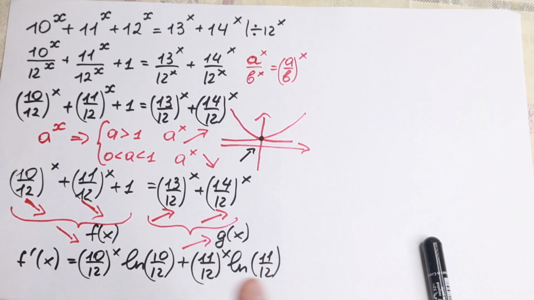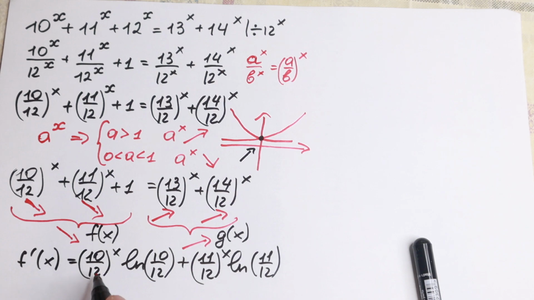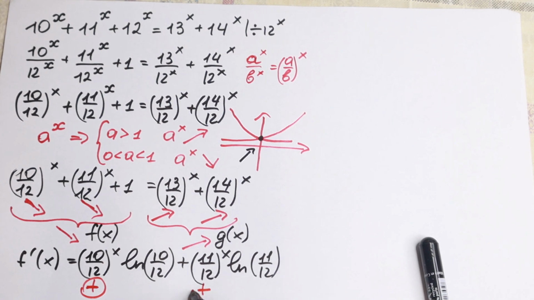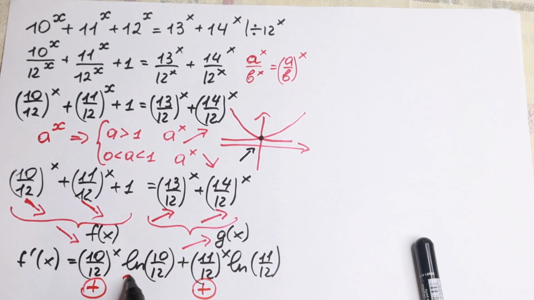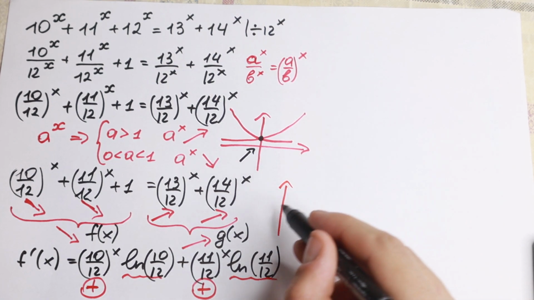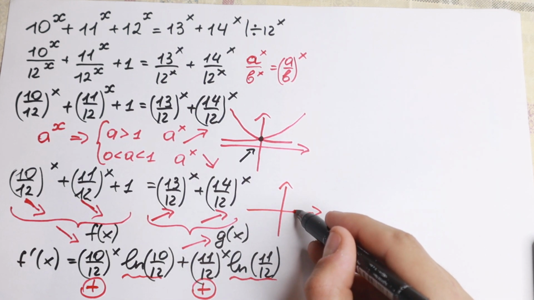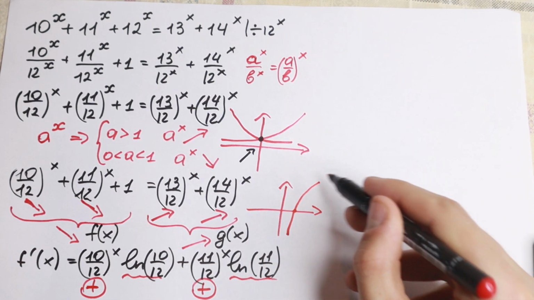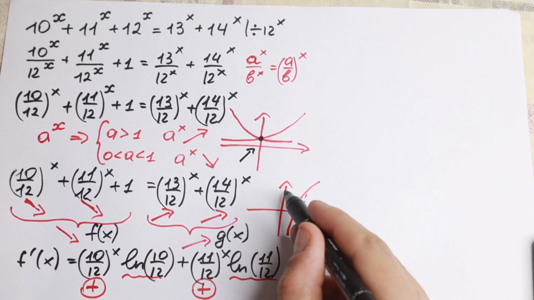But what about the sign? We all know that (10/12)^x is always positive, and (11/12)^x is always positive. But what about this natural log? We need to know the graph of this function, because the graph looks like that. If we are talking about values greater than 1, we will have greater y.